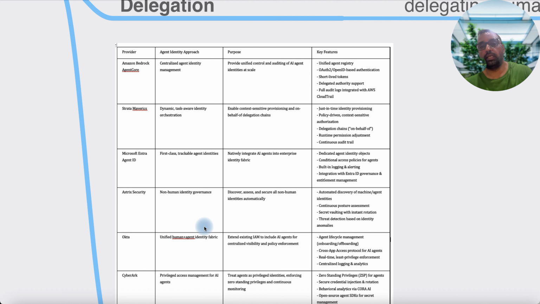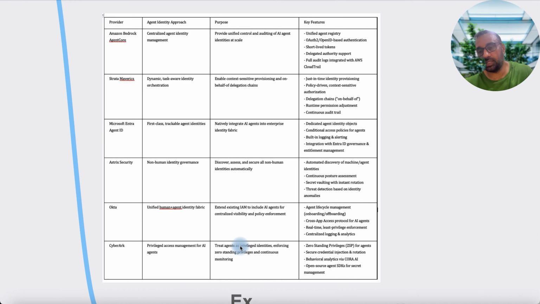The approach is simple: provide unified control and auditing of AI agent identity at scale. Let's look at Microsoft Entra Agent ID. They have dedicated agent identity objects, conditional access policies for agents, built-in logging and alerting, and integration with Entra ID governance and entitlement management.